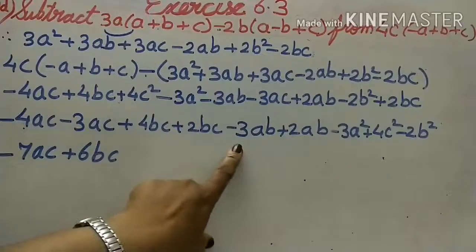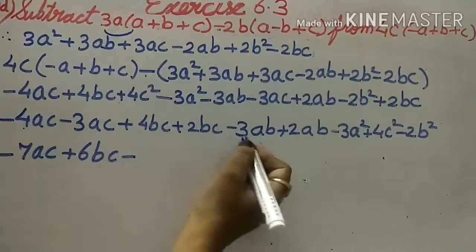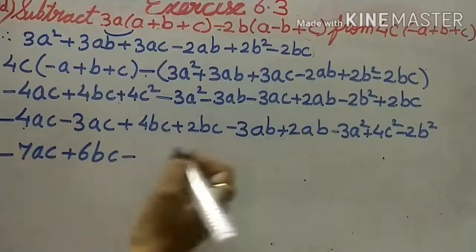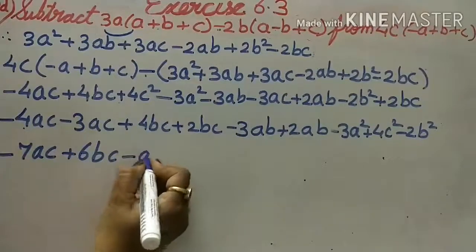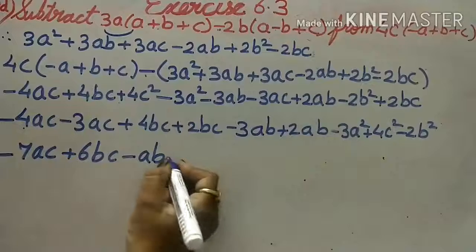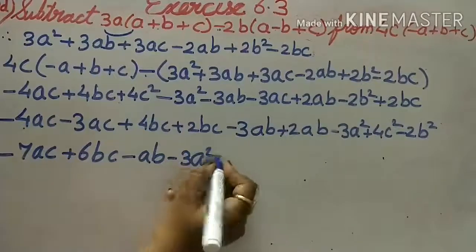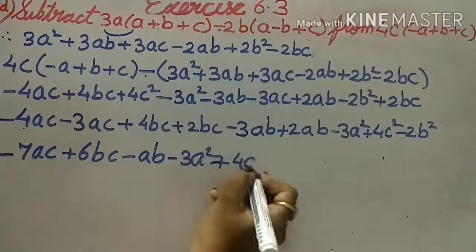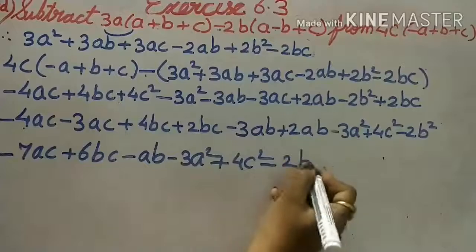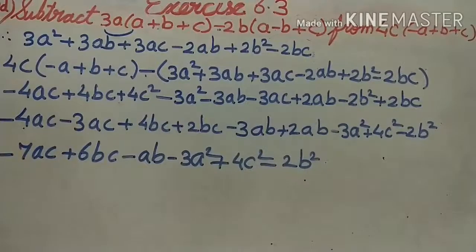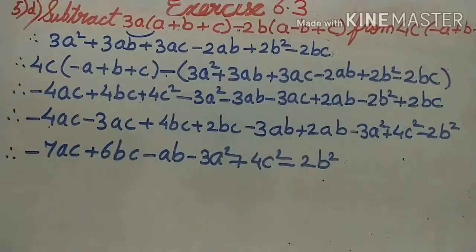Here greater number is negative. So minus 3 minus 2 it is 1, means ab, minus 3a square plus 4c square minus 2b square. This is the answer. We have completed exercise 6.3. So solve this exercise neatly in your classwork.